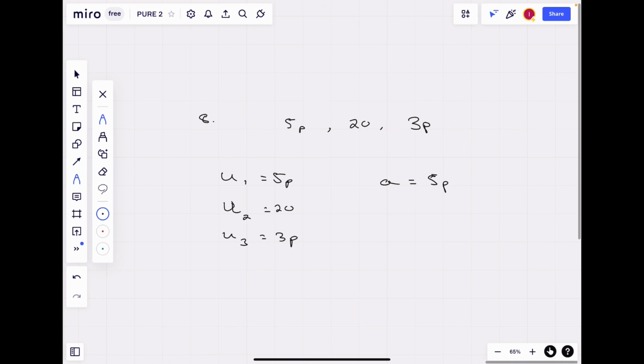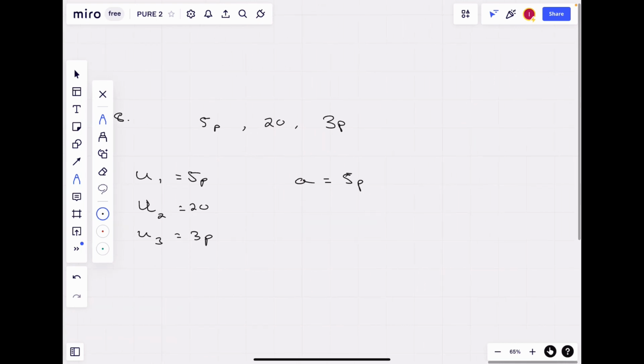So if I try and represent U2, I would do 5p plus (2 minus 1), which is 1, times d equals 20. With the other one, 5p plus (3 minus 1), 2 times d equals 3p.